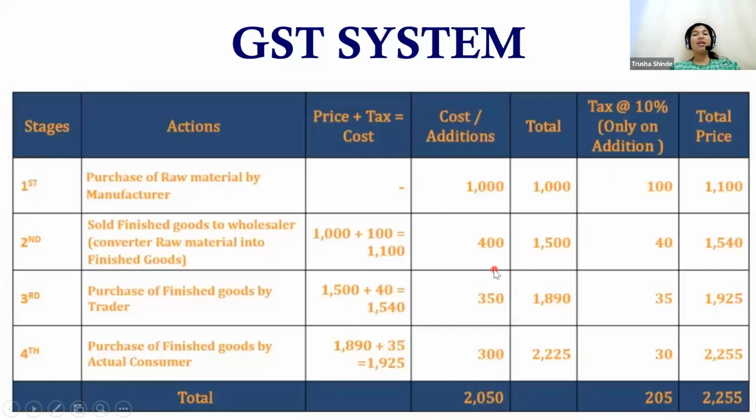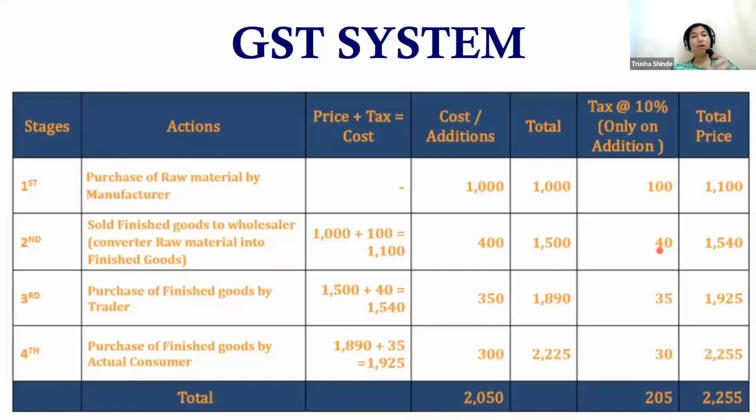Later, he's adding his cost and additions, maybe profits, for example 400. Then the cost he is going to bear is 1,500.